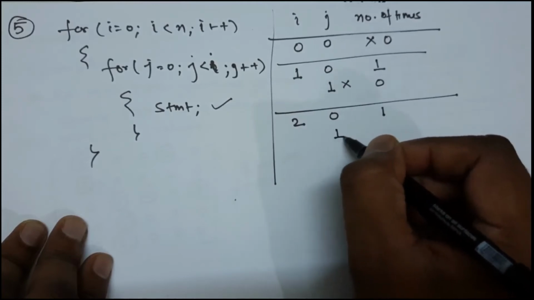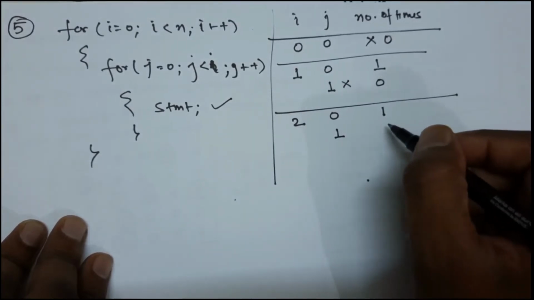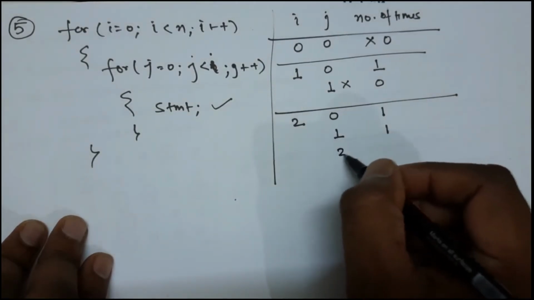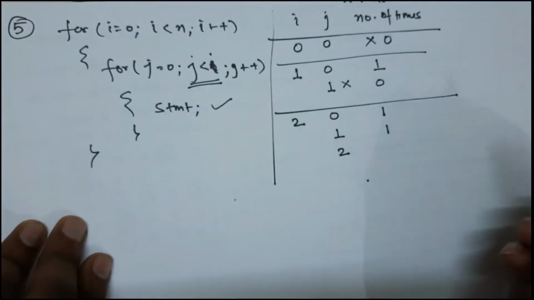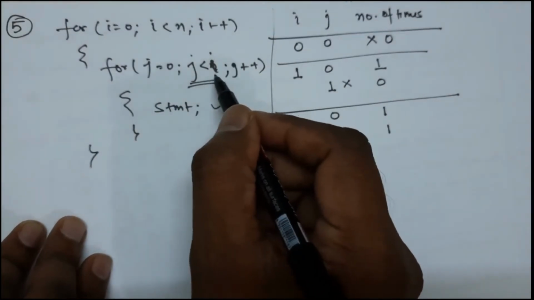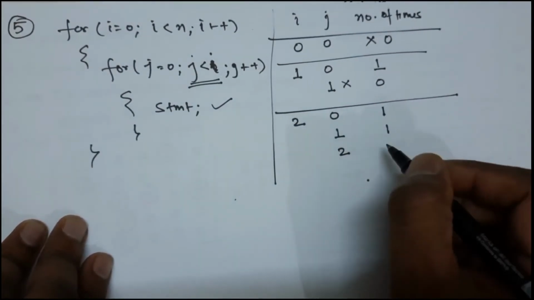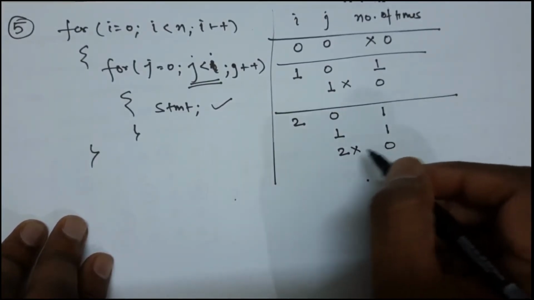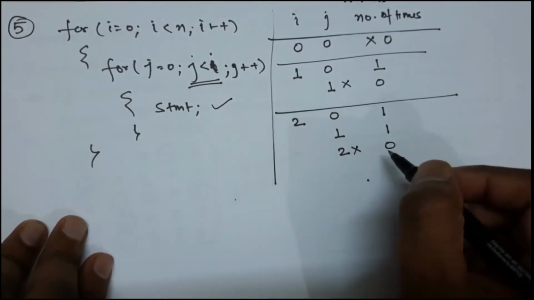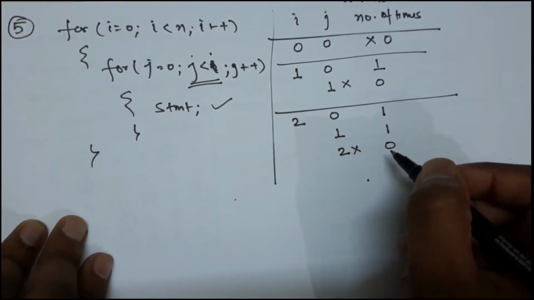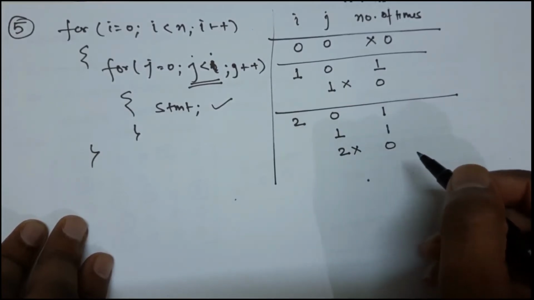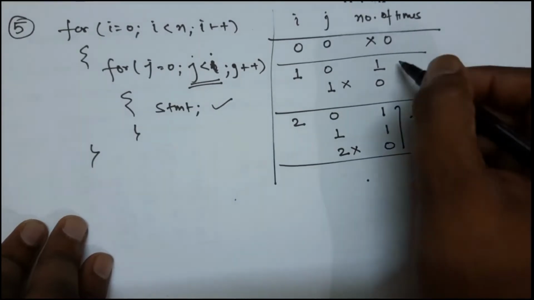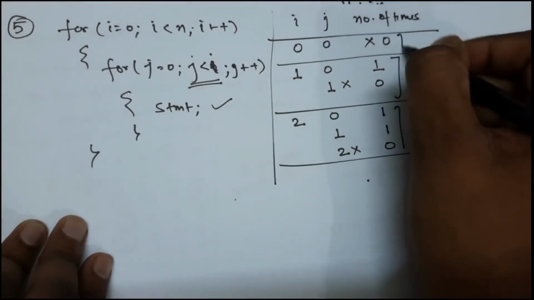When the value of j is 1, it will be executed one time, and when the value of j becomes 2, this condition becomes false because 2 is not less than 2, so the statement will not be executed. So here it will be executed for 2 times, here 1 time, here 0 times.